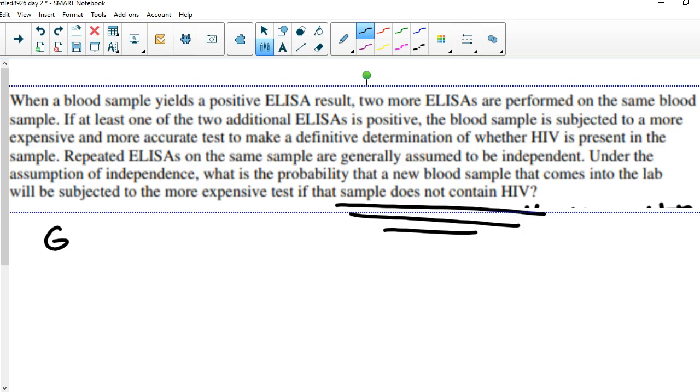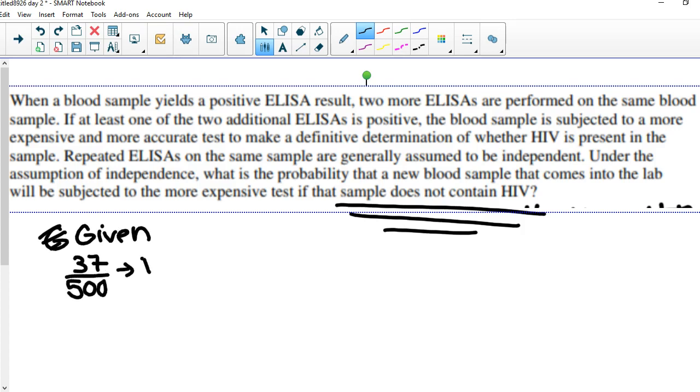Again, I'm going to read it. Under the assumption of independence, what is the probability that a new blood sample that comes into the lab will be subjected to more expensive tests if that sample does not contain HIV? So what we're dealing with right now is all the people that, given our condition, we have 37 out of 500.